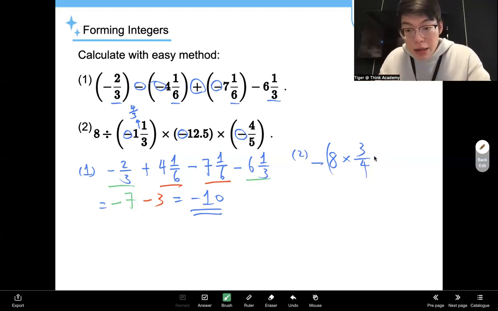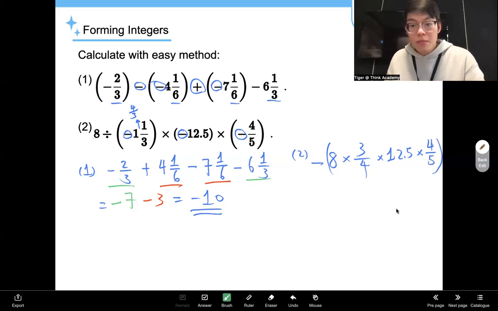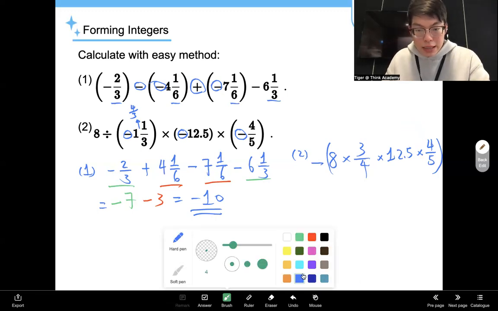And then next I am multiplying 12.5 and finally multiplying 4/5. All right. So what do we do here? Well, now you can see that if you multiply 4 and 12.5, you're going to get 50 if you multiply them together, right?